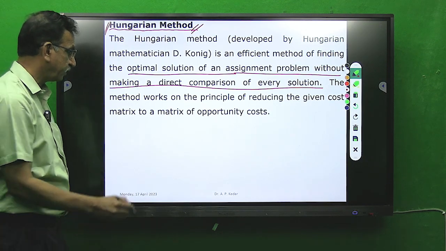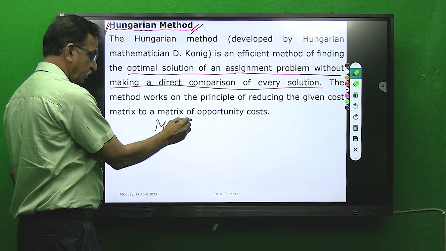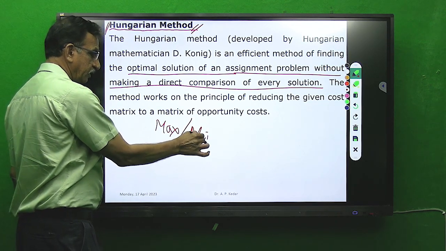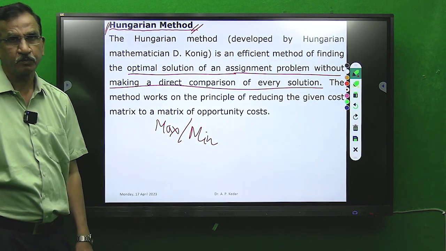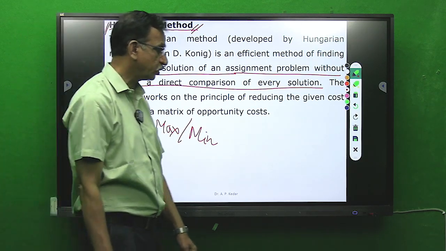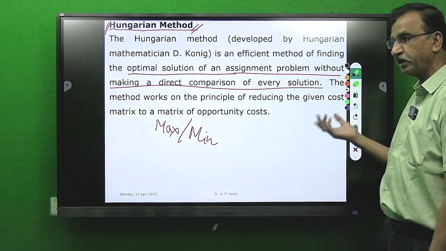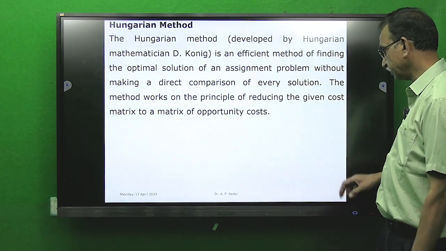Now this can be used for both objective functions, maximize or minimize. So let's have a look. I will explain the steps and then we'll solve one problem by this particular Hungarian method.